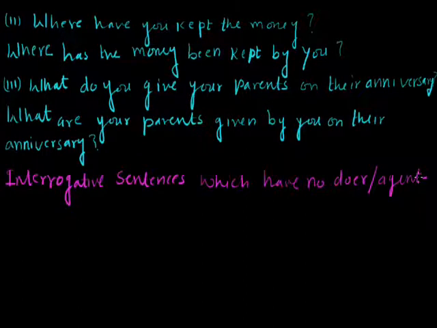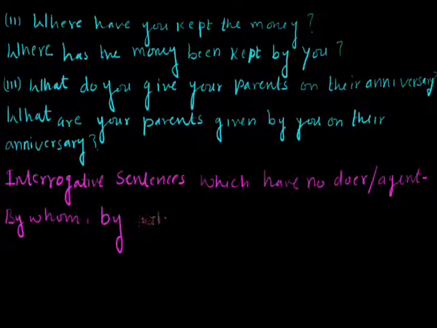Most of these sentences begin with what and whom. So when the sentence begins with whom, we simply use by whom. And when the doer or agent is not given in the sentences which begin with what, we use by what in those sentences to make their passive voice.